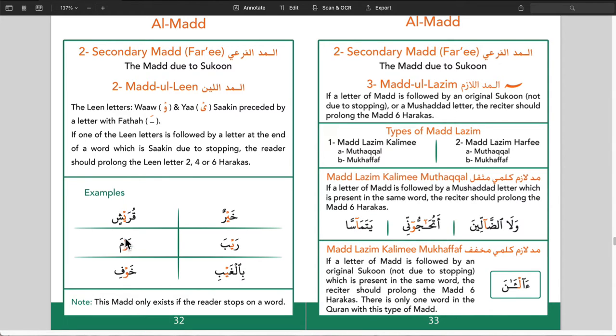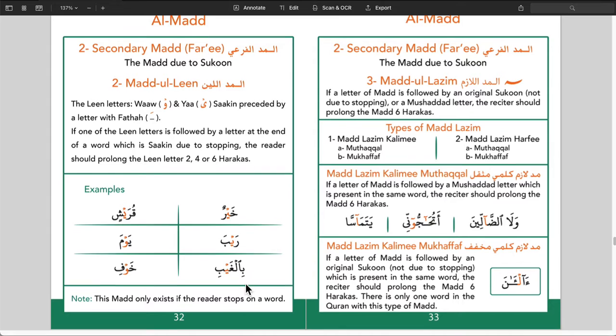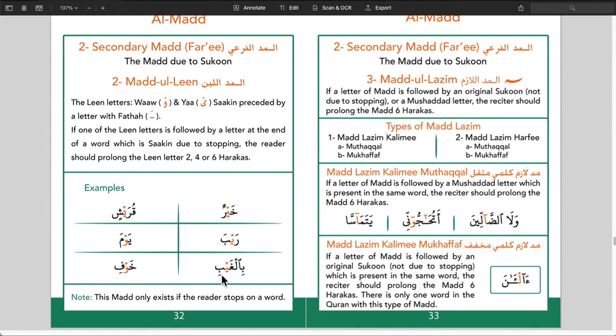يوم. Okay, so here what happens with the waw, I have to keep my lips out until I complete the 4 haraka. Okay, before the meem. It is not yaum. We are not prolonging the meem, actually. We are prolonging the waw here. Again, yaum. Okay, بالغيب, خوف.